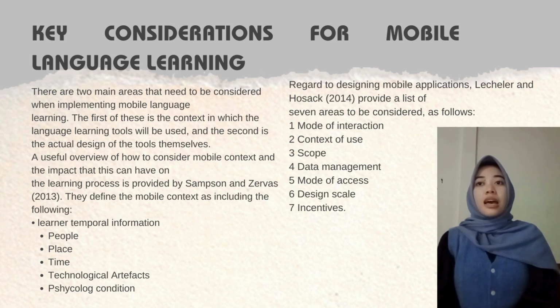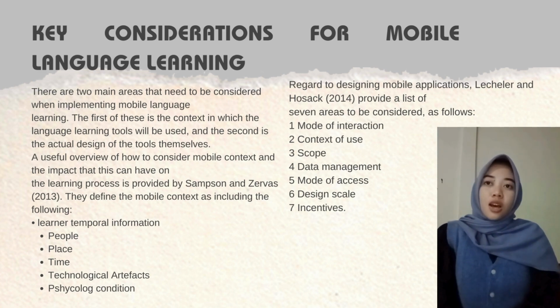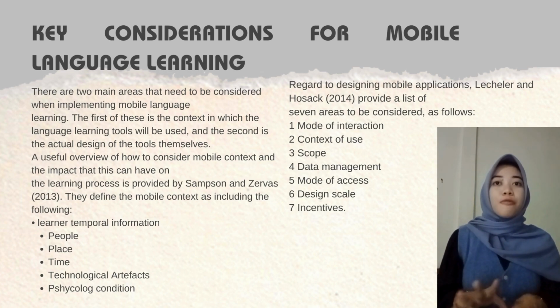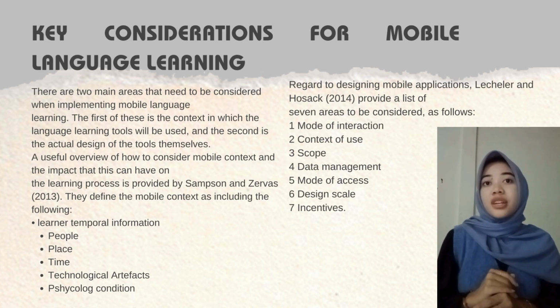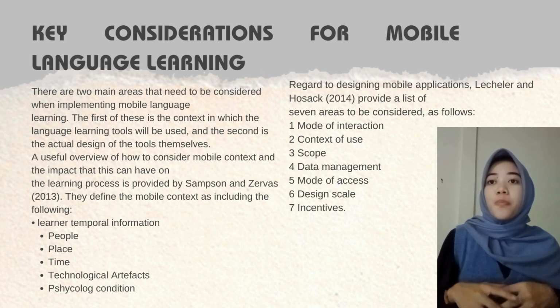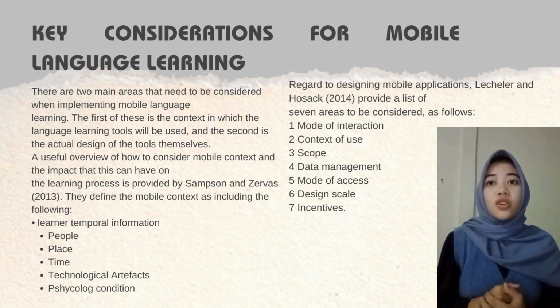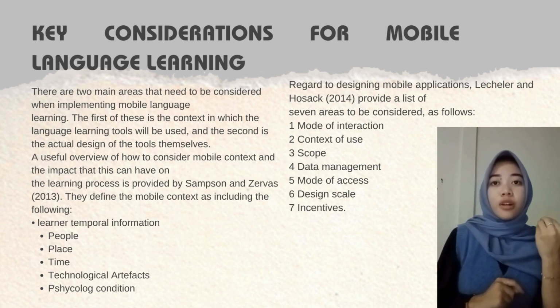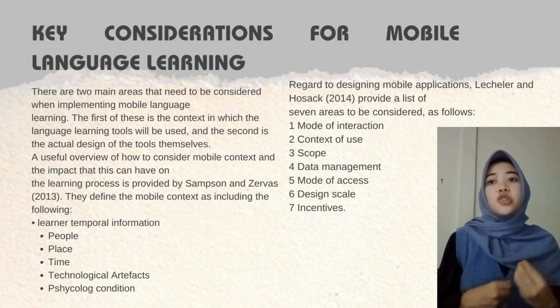Next is time, or duration of a task, schedule, time availability of the learner, peer or expert. The next is physical condition, or illumination level, noise level, and weather conditions.